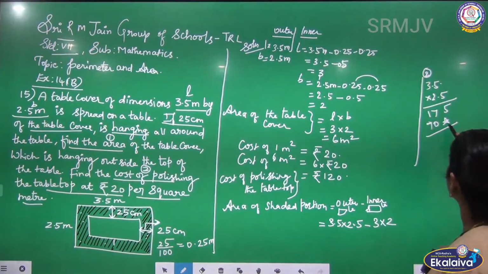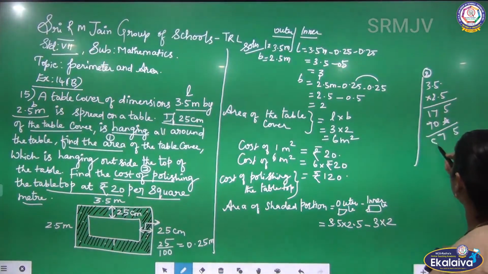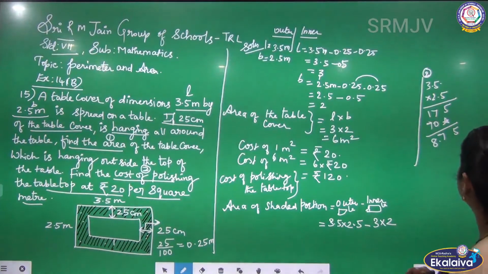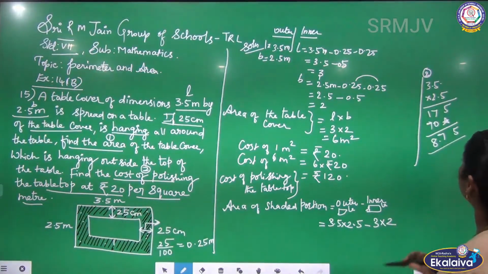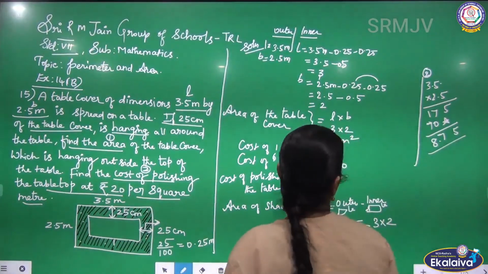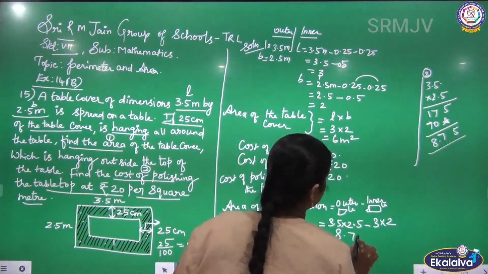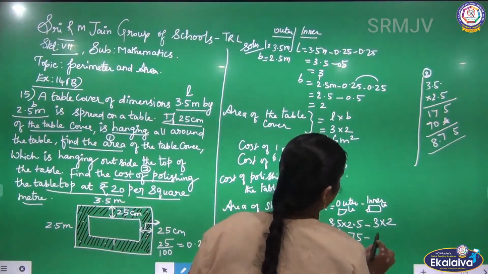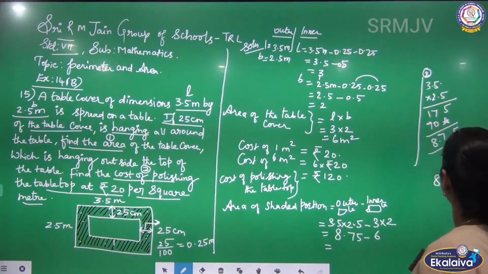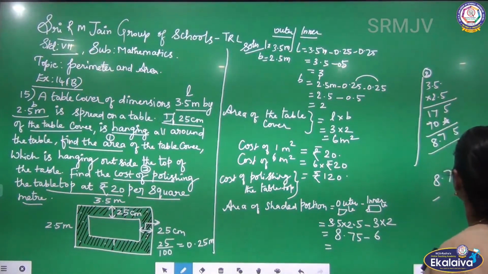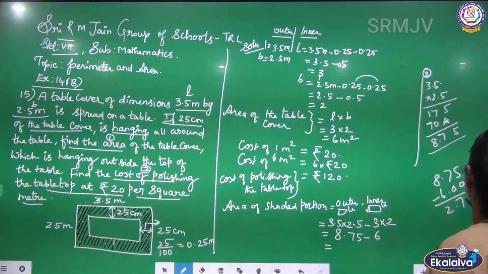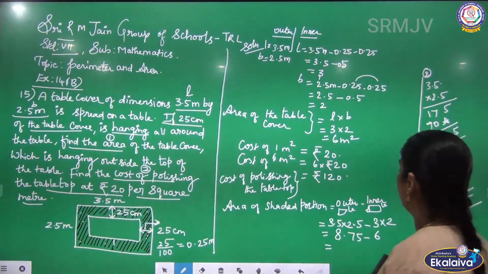So listen, 8, 7, 5. Two digits after, what you have to do? Keep the decimal. Can you understand this, children? Now listen, 3 2s are 6. So 8.75 minus 6, which is what? Your answer is 2.75. Can you clear this?